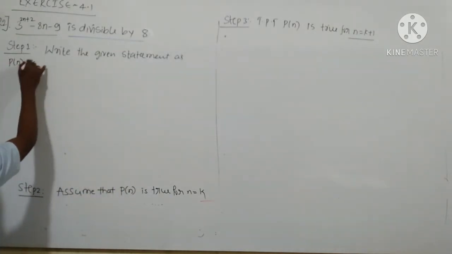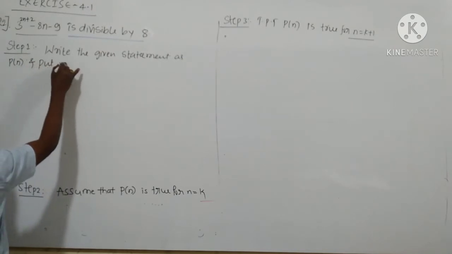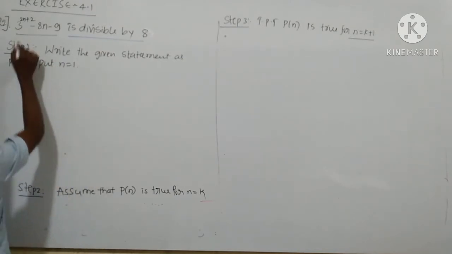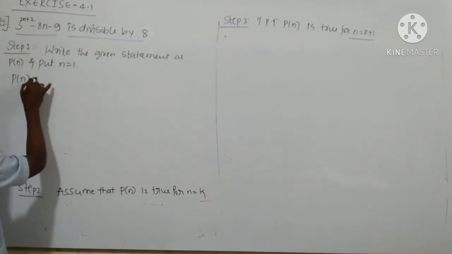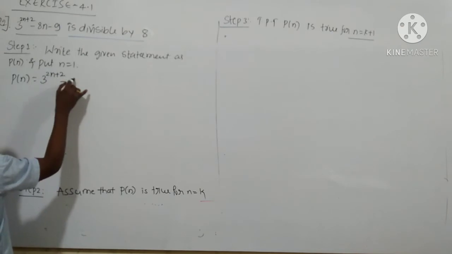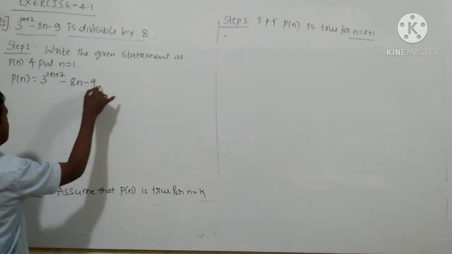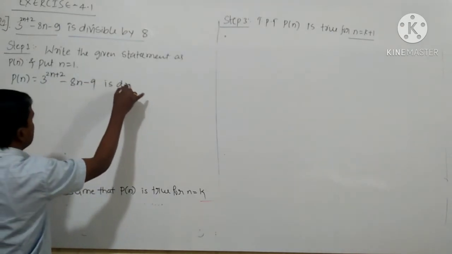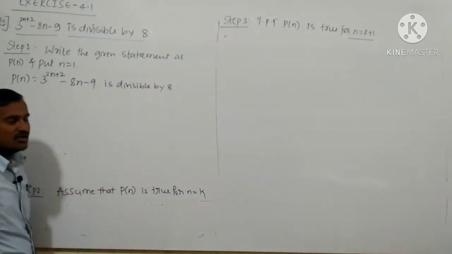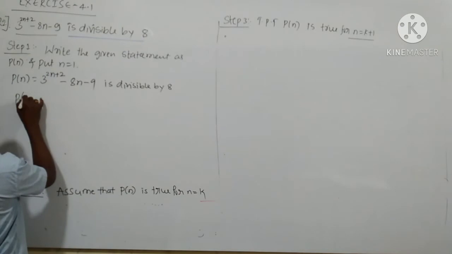Put n equal to 1. So p of n is: 3 to the power 2n plus 2 minus 8n minus 9 is divisible by 8. Now replace the value of n by 1.